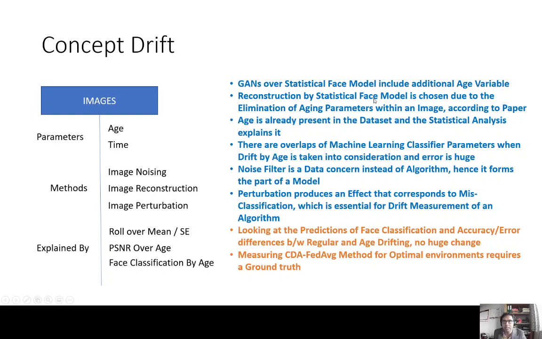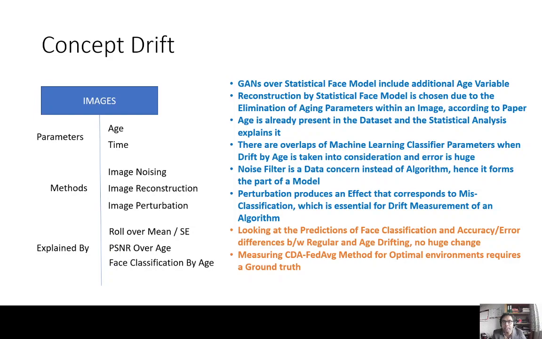Reconstruction by statistical phase model is chosen due to the elimination of aging parameters within an image according to the paper. Age is already present in the dataset and statistical analysis explains it. There are overlaps of machine learning classifier parameters when drift by age is taken into consideration and the error is huge. The noise filter is a data concern instead of the algorithm, hence it forms a part of a model.